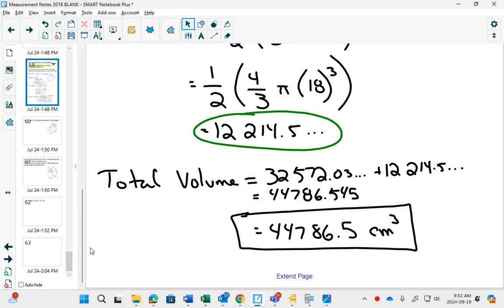And again, volume is going to be the easier of the two. Between surface area and volume, volume's easier because you can just find the volume of each separate thing and add them up.